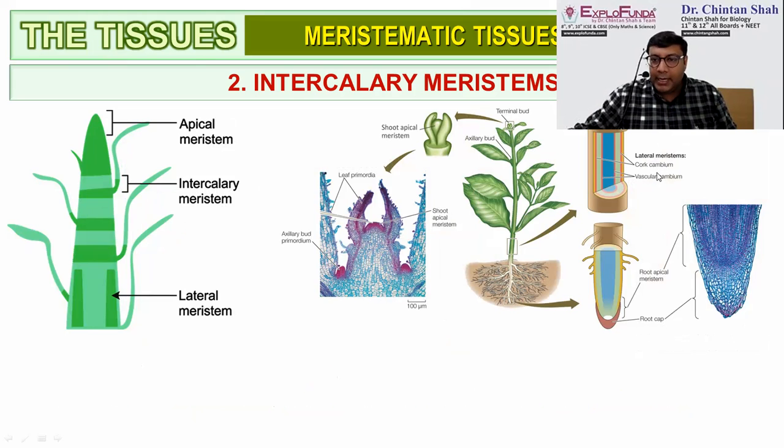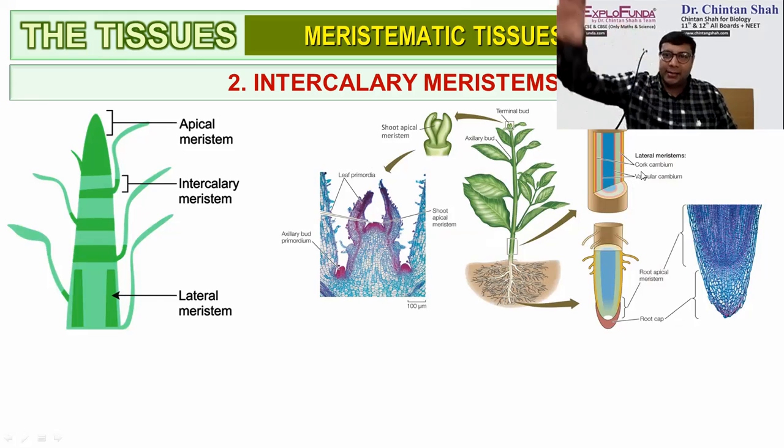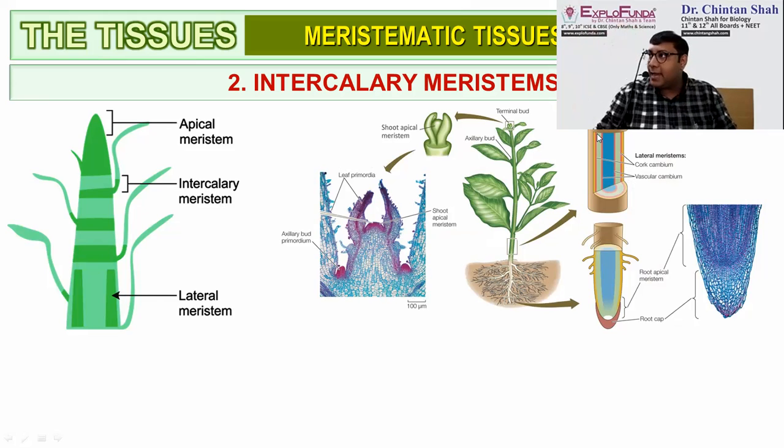There are two lateral meristems, cork cambium and vascular cambium. And what is the function of the cork cambium and vascular cambium? They will just increase the diameter. How are they going to increase the diameter? That is actually the lateral meristematic tissue. I already told you that they are over here to increase the diameter.